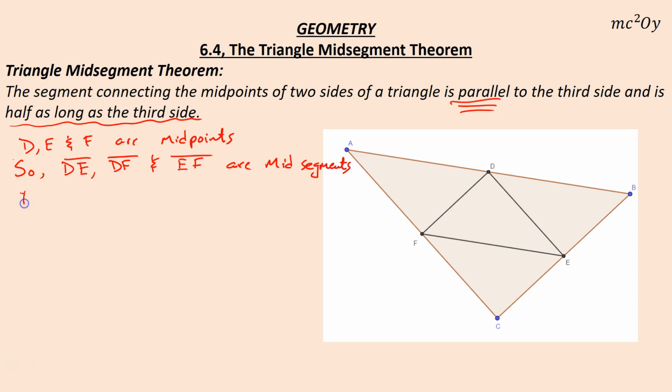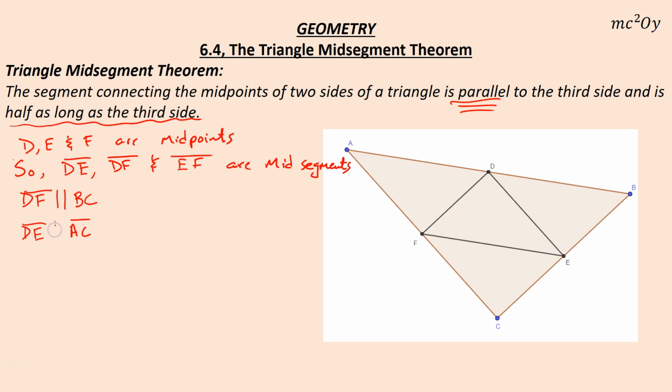We also then know, based on the midsegment theorem, that DF is parallel to the side opposite. So DF is parallel to BC. We also know that DE is parallel to AC.